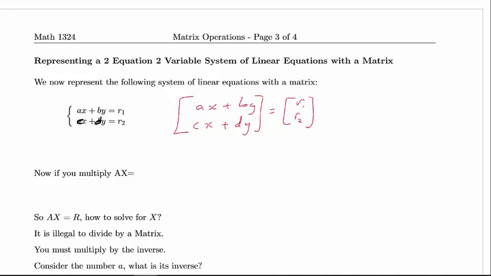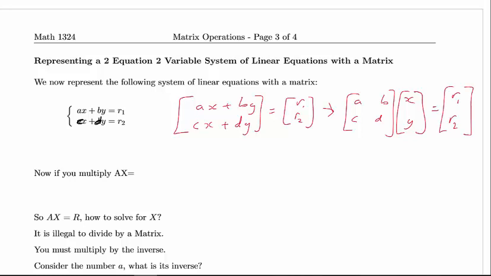This is one way to write it. You can also write it like so. A, B, C, D. And then just our X matrix is X and Y. And then that equals R1, R2.